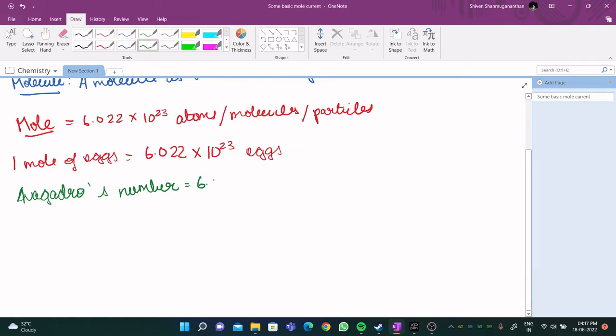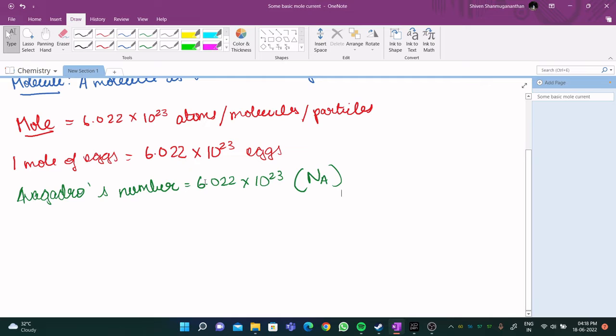So 6.022. This is also denoted as N A. Make sure this A is capital, or otherwise you'll think you have written sodium. Okay, so now we know what Avogadro's number is.